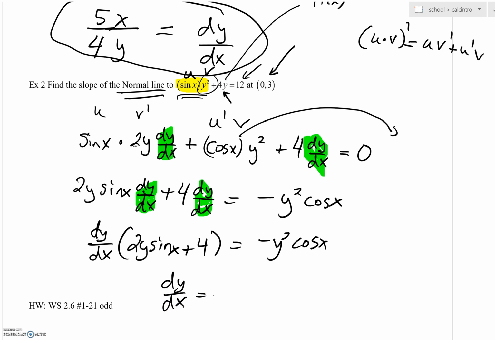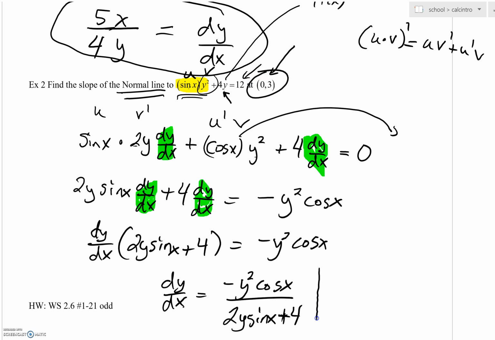And wow, we are almost done solving for dy dx. Dy dx is just going to be this thing right here, and this is the algebraic answer that you would get. Now, I do want to tell you at this point we should plug in the point 0, 3.